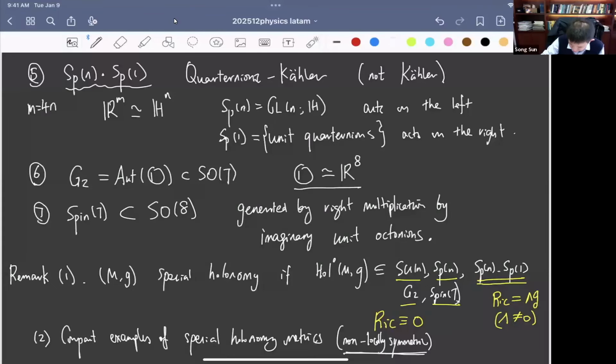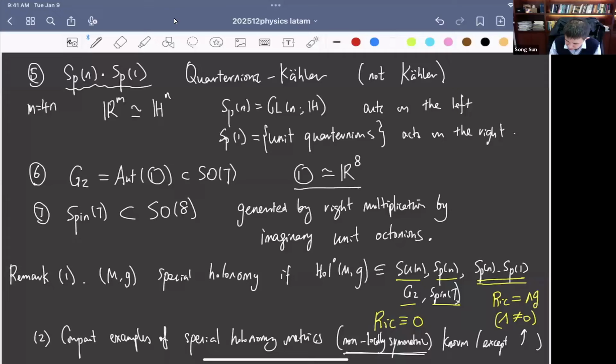So this is known for all of them except this case, quaternionic Kähler. This is still an open question. So compact quaternionic Kähler manifolds, 4m dimensional.